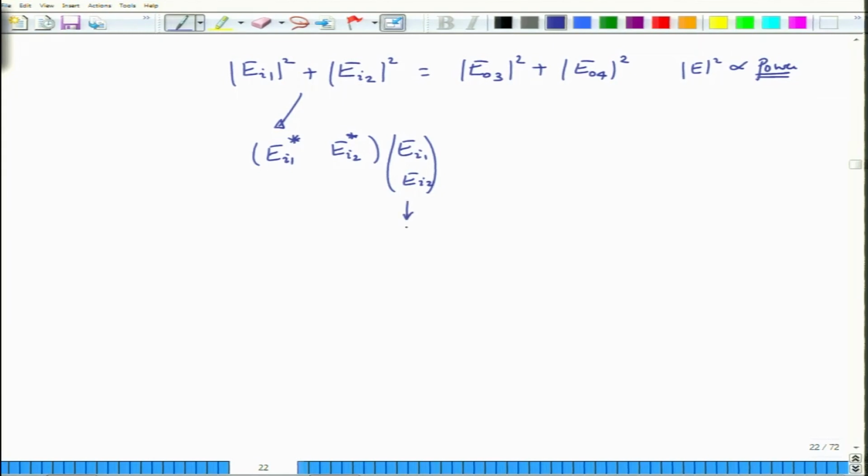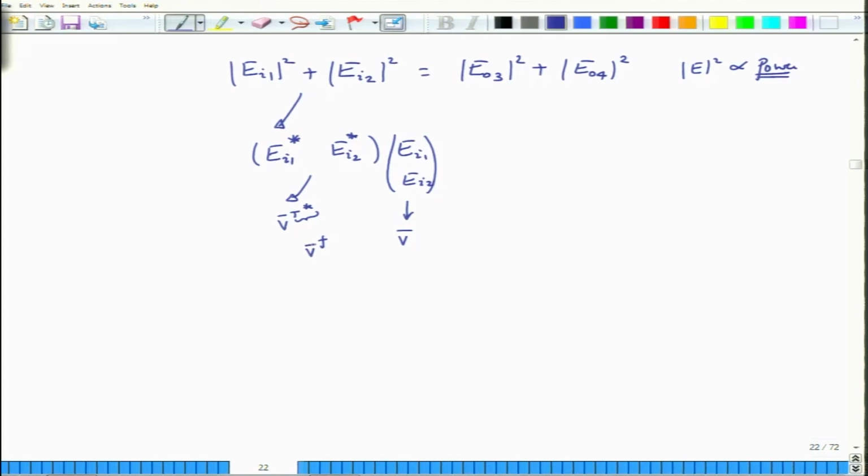Now if I call this a vector v, we will denote it with a bar over the top, and this vector is first transposed and then conjugated. We combine this transposed conjugation into what is called the adjoint symbol.